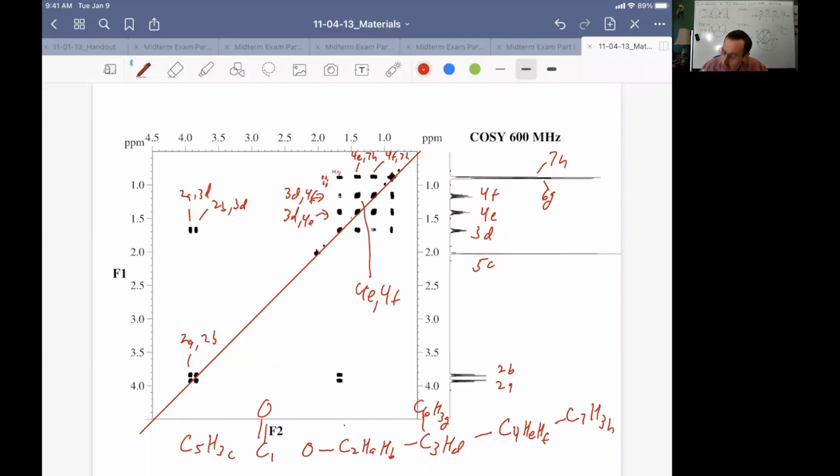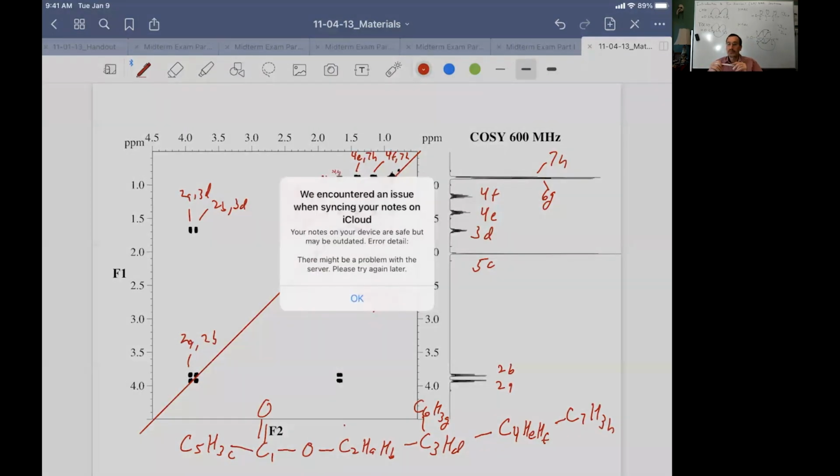We've used logic to place the oxygen. We already have a suspicion that that C5H3C might be a methyl ketone because it appears at about 2 or 2.1 ppm. We pretty much have a suspicion we might have an ester. And so we can finish our picture of the molecule like so, drawing in the last couple of bonds.